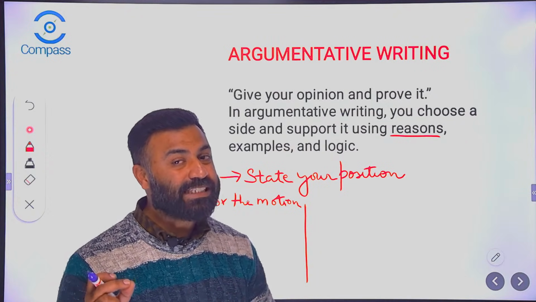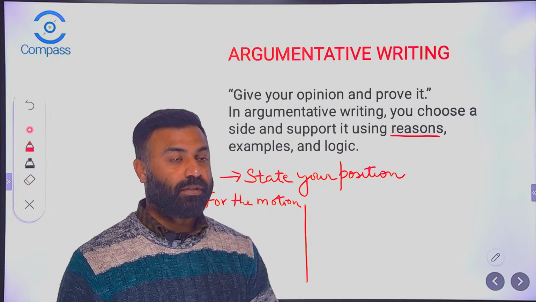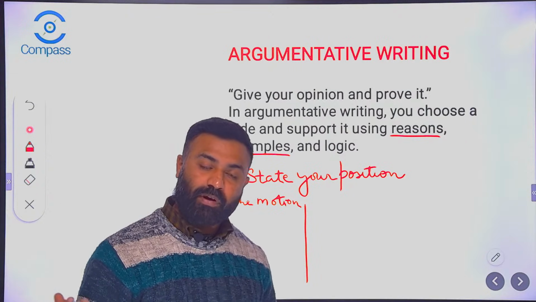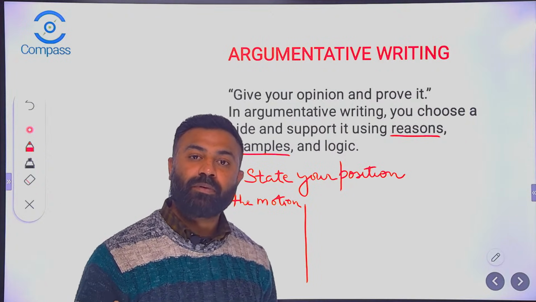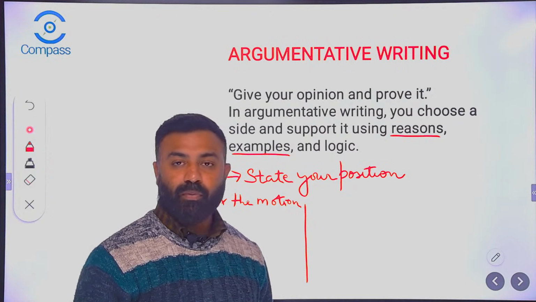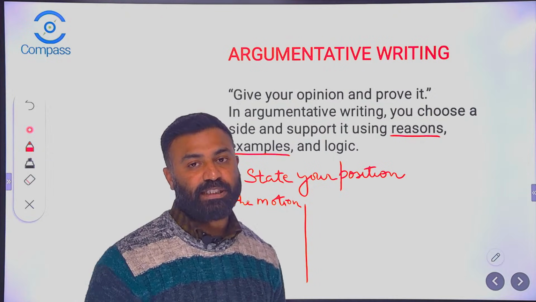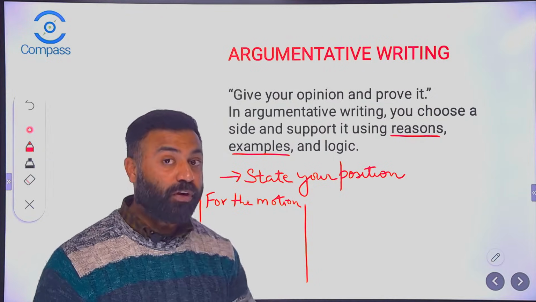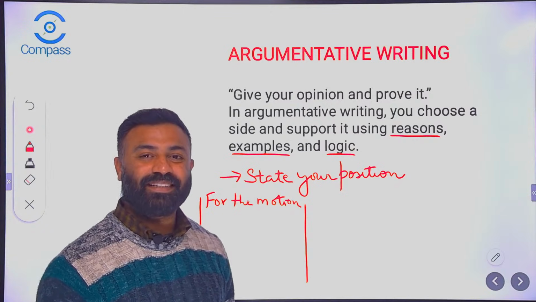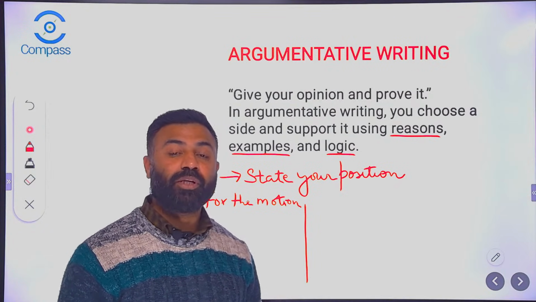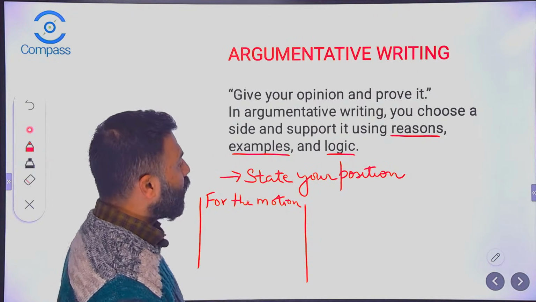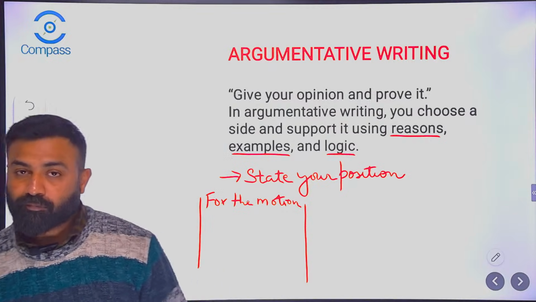So your reasoning has to have some proofs. Give some examples from the surroundings, the world around you. It can be global, it can be a personal experience as well. So give an example to prove your point, and it has to be logical. Whatever reasoning you give for your argumentative essay, it has to have logic, examples, and reasons.